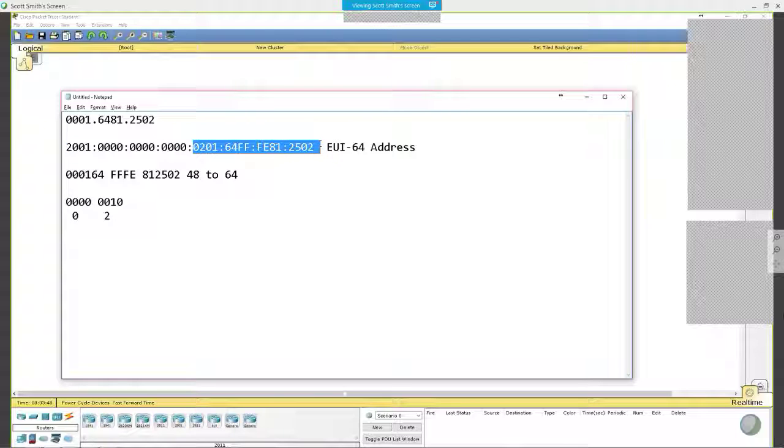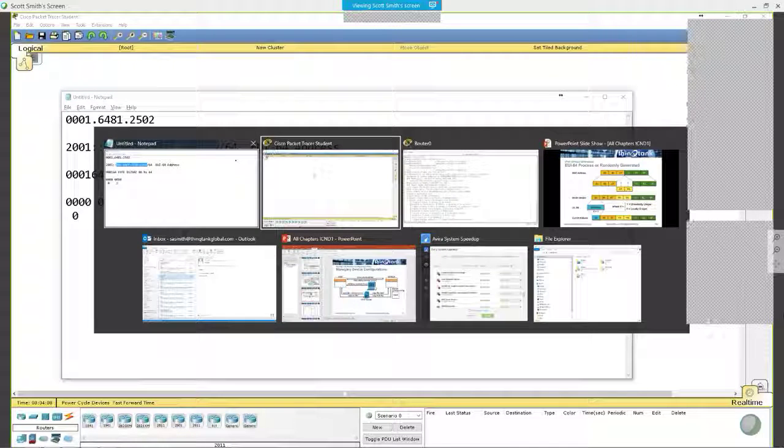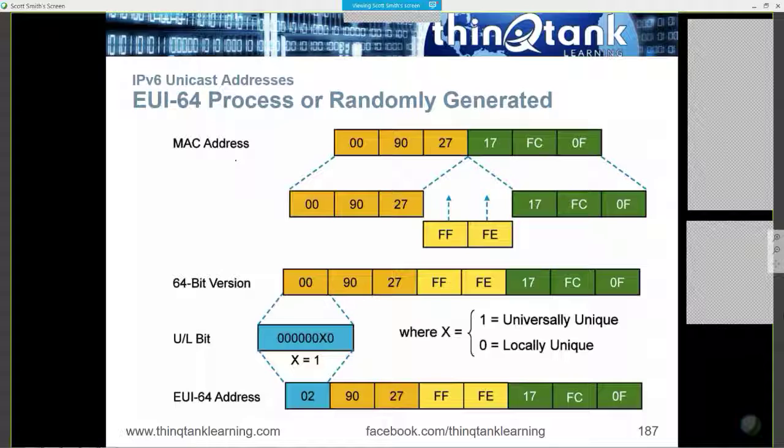I guess I should put in the /64. That's the address. Of course, I can replace all of these with double colon. I can get rid of that leading 0, and that becomes the host address. As you can see, using the EUI64 process for a router interface is probably not a good idea because you have to remember that random address. But for a host, that might be okay.